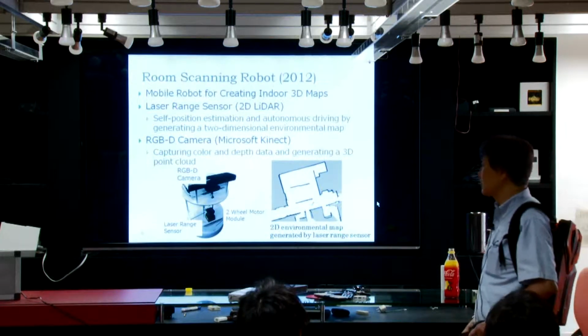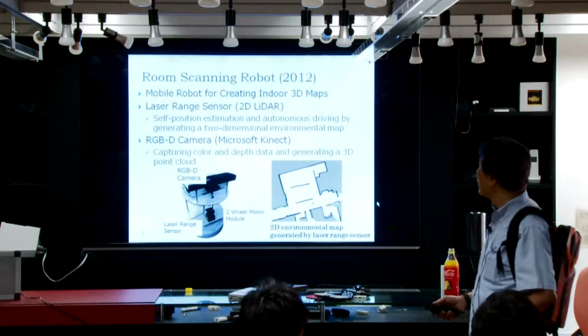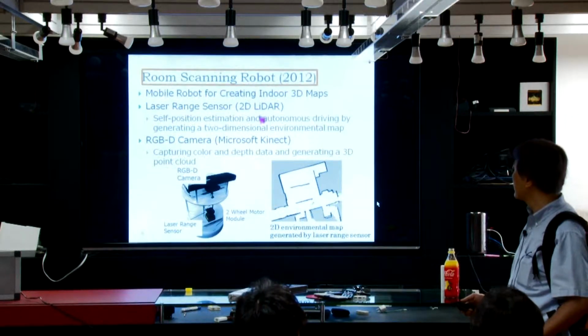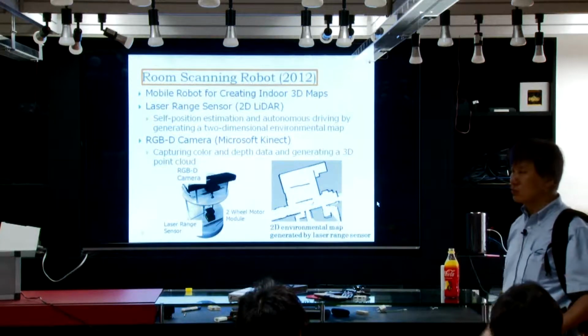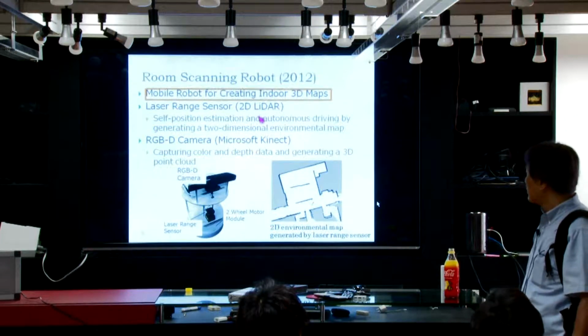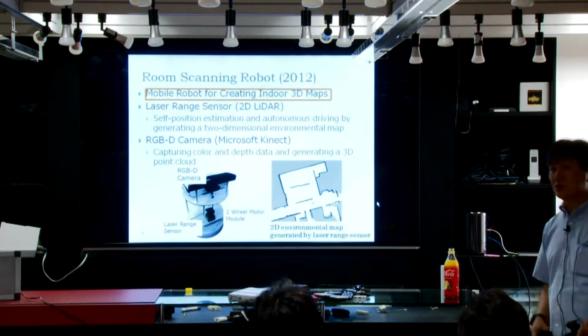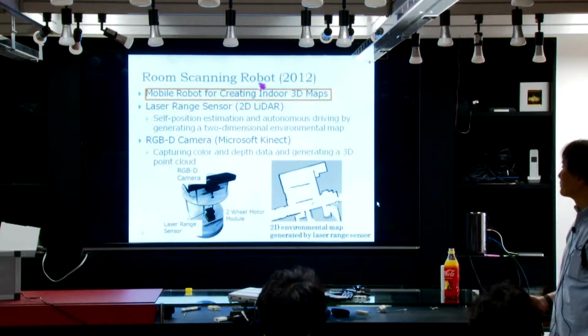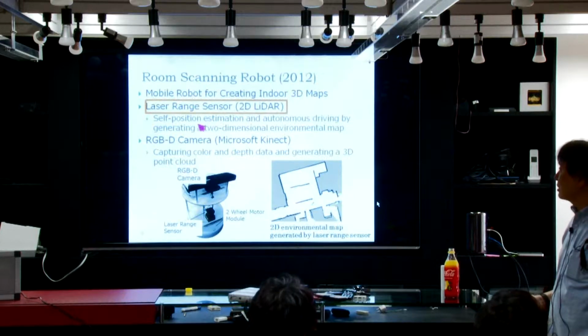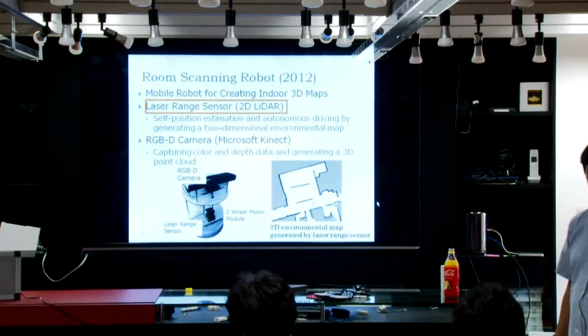About the history of this research. First, we developed a room scanning robot that automatically creates a three-dimensional map. It is an autonomous mobile robot that creates indoor 3D maps. It has a 2D LiDAR.